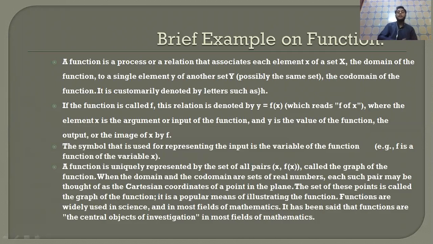When the domain and the codomain are sets of real numbers, each such pair may be thought of as the Cartesian coordinates of a point in the plane. The set of these points is called the graph of the function. It is a popular means of illustrating the function. Functions are widely used in science and in most fields of mathematics, in which functions are the central objects of investigation.